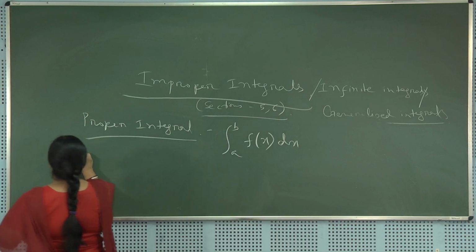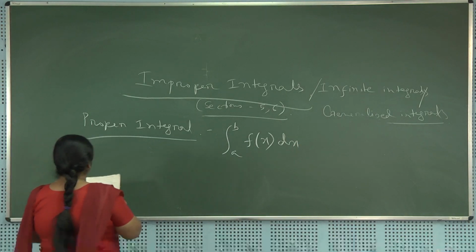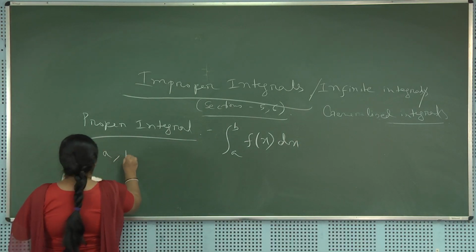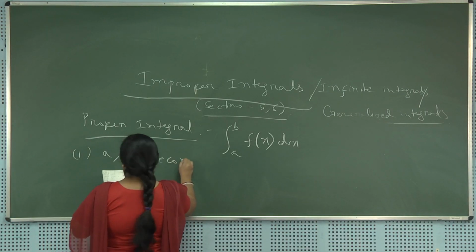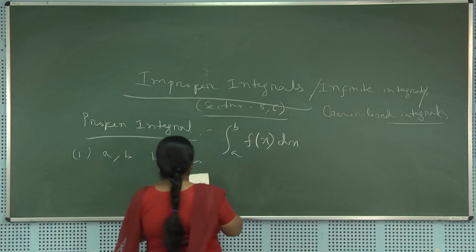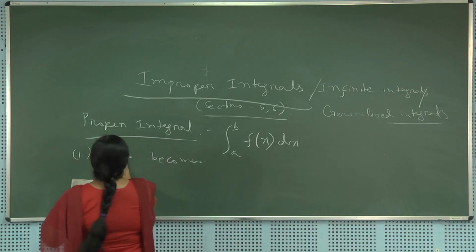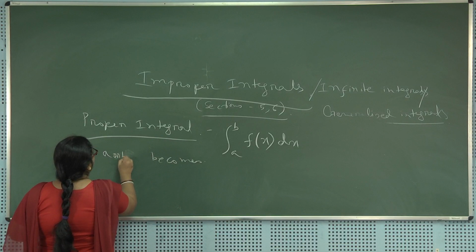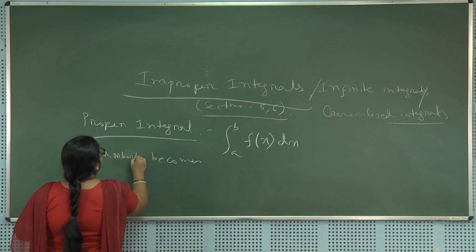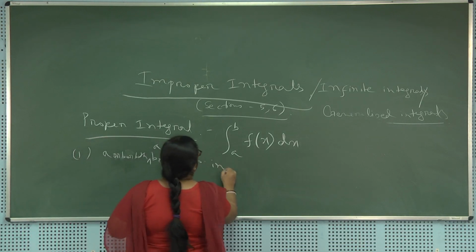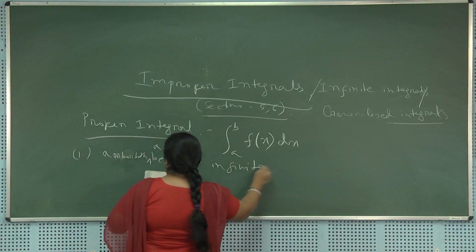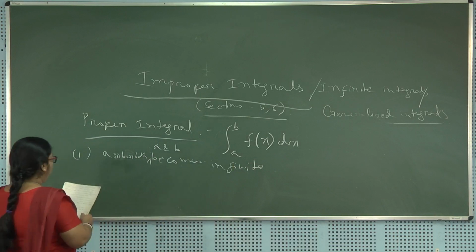First possibility is that a and b become infinite. So, either a or b or both a and b become infinite. This is one possibility, then we will say it is an improper integral.